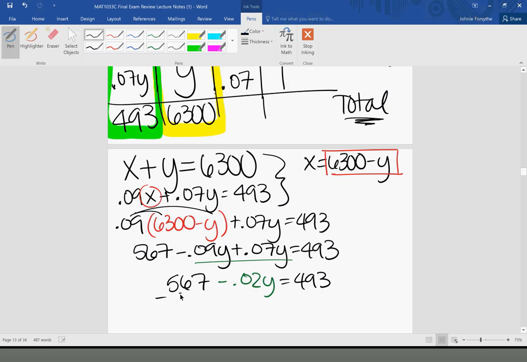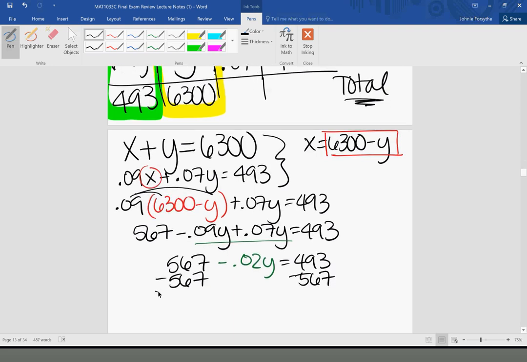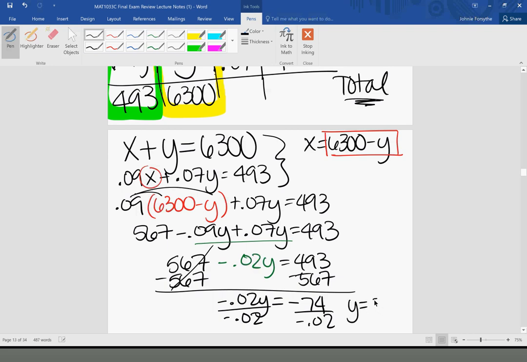I'm solving for y, so I'm going to subtract this 567 to the other side so I can start getting the y by itself. So I have negative 0.02y equals 493 minus 567, which is negative 74. And then to solve for y, I'm going to divide by negative 0.02. And so negative 74 divided by negative 0.02 is going to give me y equals 3,700.